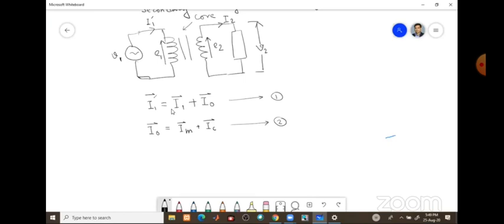In the second equation, the no load component is the vector summation of the magnetizing current IM, which is responsible for producing the magnetic flux inside the core that links both the coils, and the core loss component of current IC, which is responsible for the core loss.